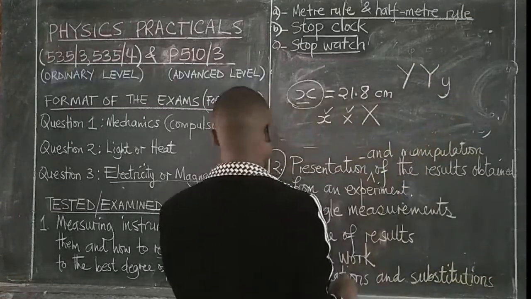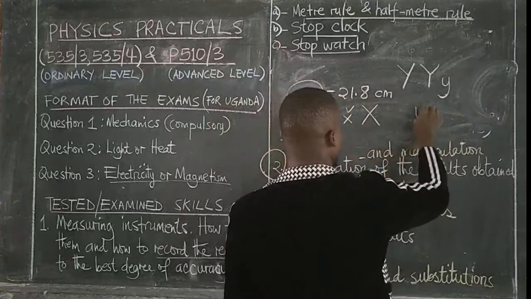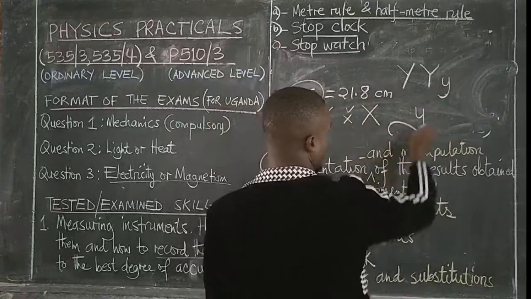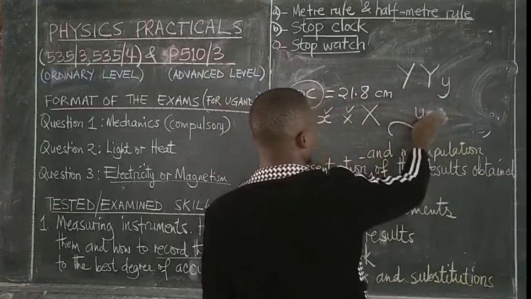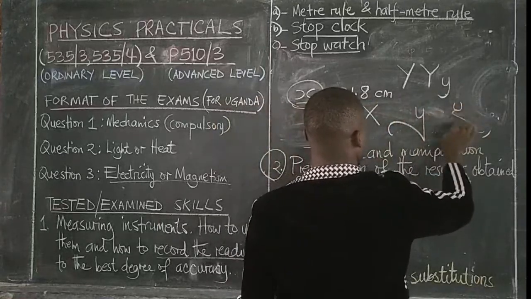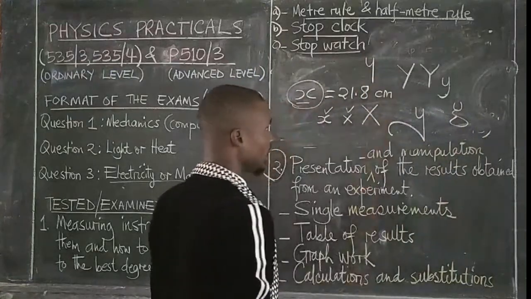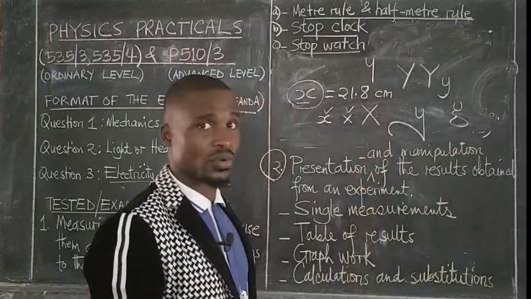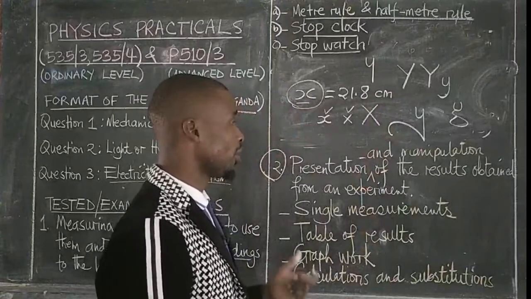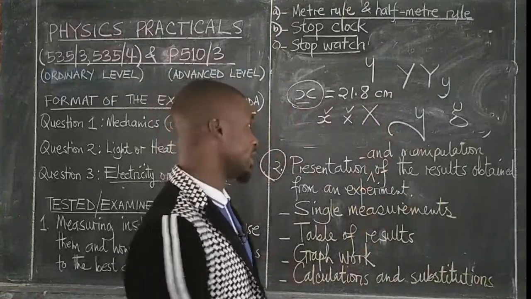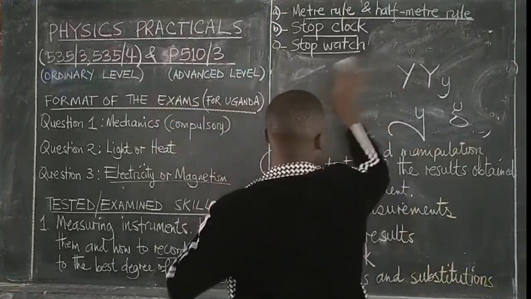Please, when you're writing, don't write kangaroo letters. This is wrong. And there are those who write and then try to decorate. There are those who write Y like that. No, that's not allowed. Write appropriate letters because they represent variables.